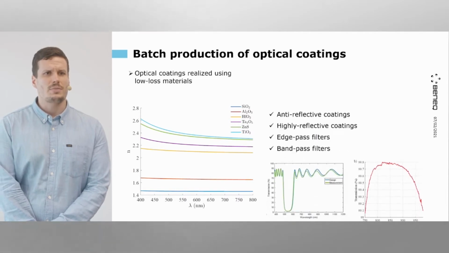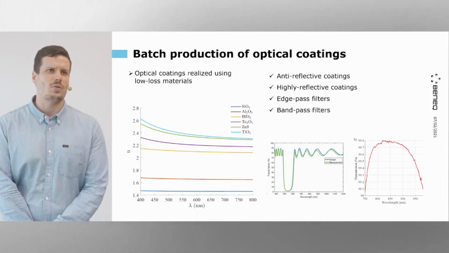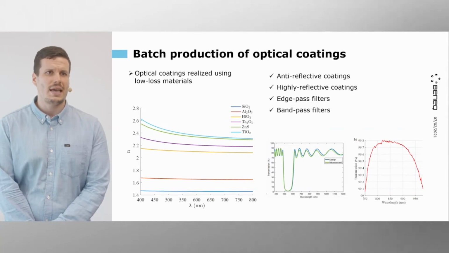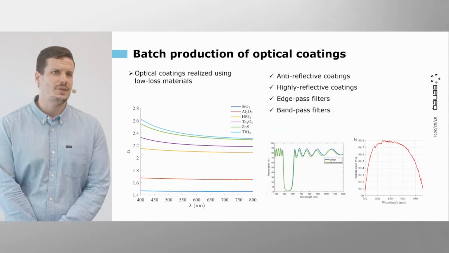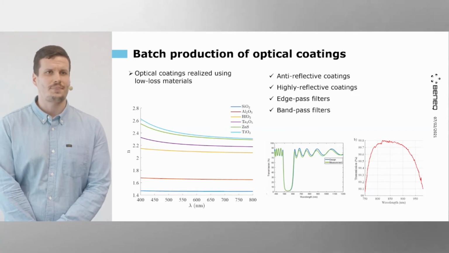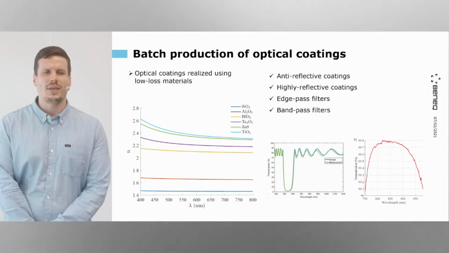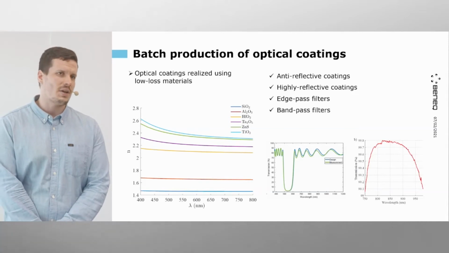By combining these materials, either as bi- or multi-layer structures, we can realize most of the classical interference coatings, such as anti-reflective coatings, highly reflective coatings, edge pass filters, or band pass filters, basically at any spectral region of light. Of course, we can produce other optical components, but these are the ones that are currently in very high demand in many optical fields.